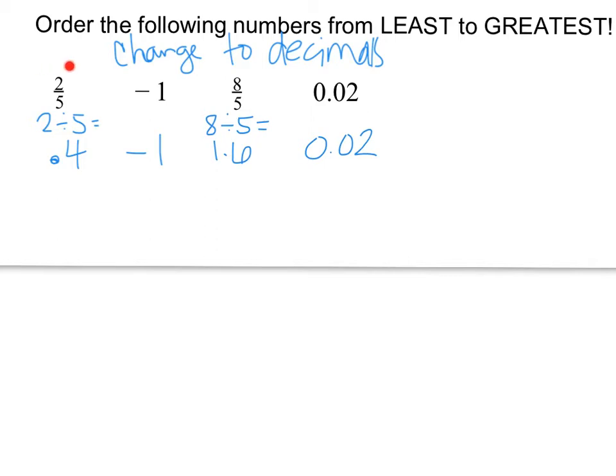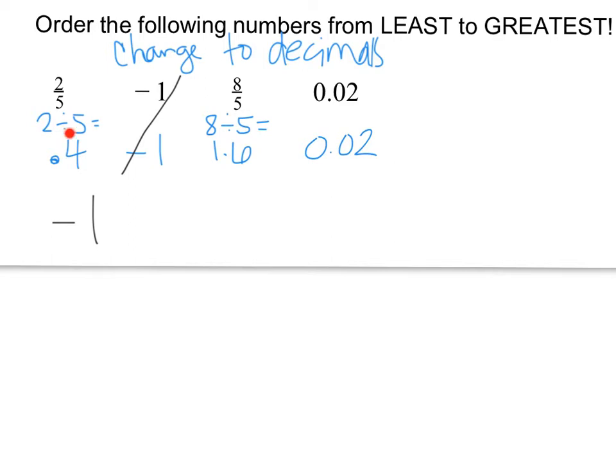So now what we want to do is order them from least to greatest using the original number. So these up here are the numbers we want to use, but these down here are the things that are going to guide us. So the negative number is going to be the one that has the least value because it's going to be the furthest to the left in the number line. I'm going to cross it out because I already used it. The next least number, if I look at this number right here and this number right there, they don't even have a whole number with them.